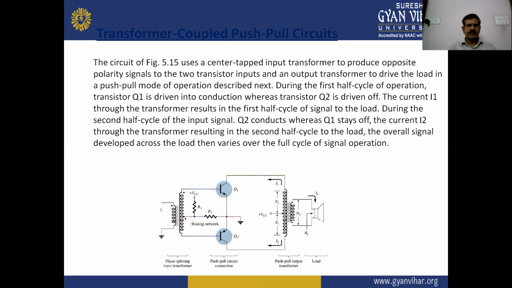The current through the transformer results in the first half cycle of signal to the load. And during the second half cycle of the input signal, transistor Q2 conducts, whereas Q1 stays off. The current I2 through the transformer results in the second half cycle to the load, and the overall signal developed across the load varies over the full cycle of signal operation. So that is the transformer coupled push-pull amplifier circuit.